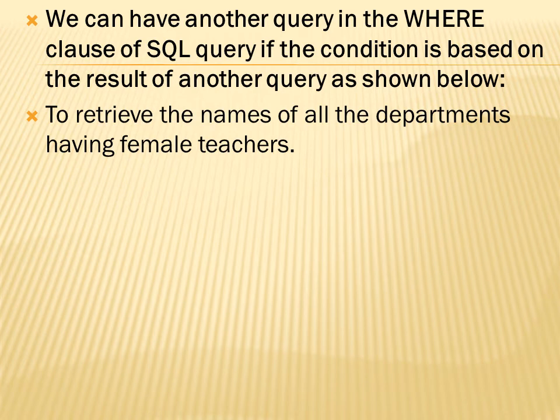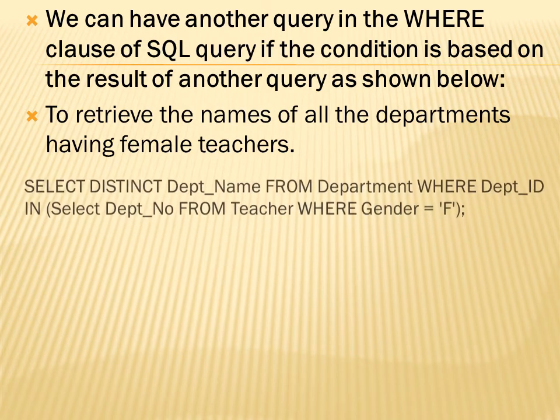Okay, so first you have to find the female teachers and then retrieve the names of all the departments after that. So there are two conditions here. First you have to retrieve the female teachers, and after that you have to find the names of the departments. So what will be the command?